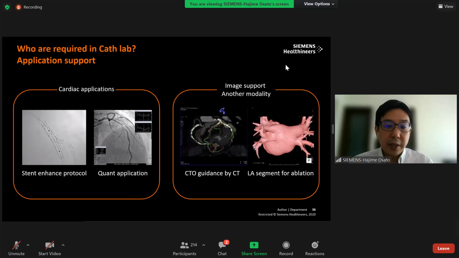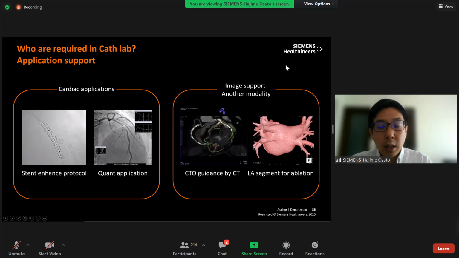And left ventricle 3D volume data is used for ablation cases, for arrhythmia like atrial fibrillation. This image will be installed on the mapping system as catheter navigation.